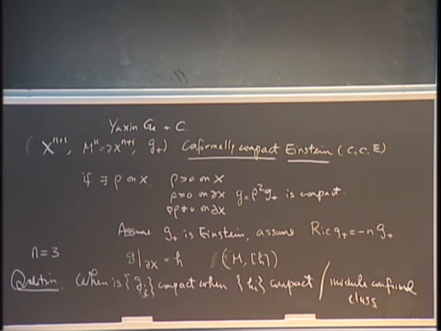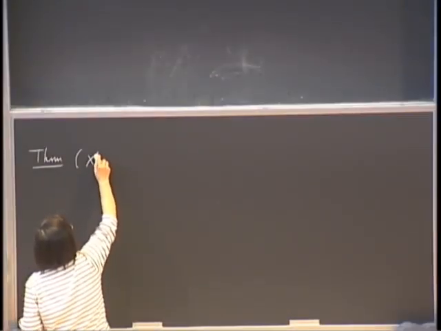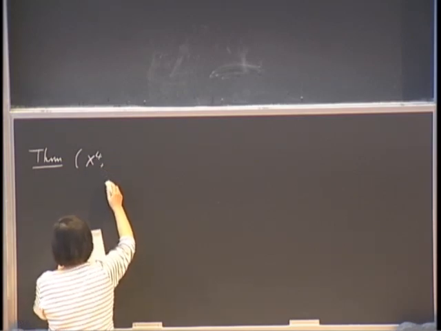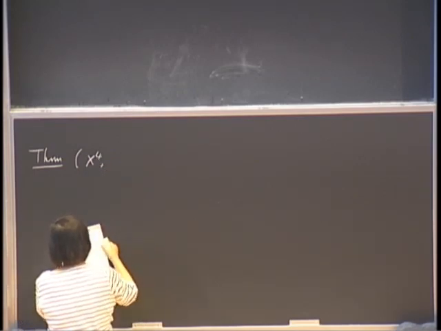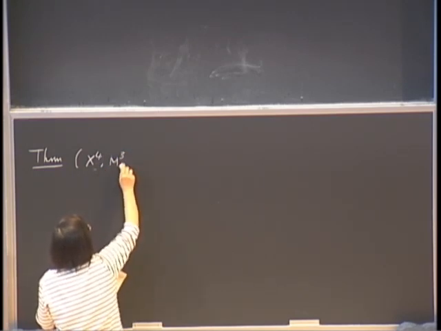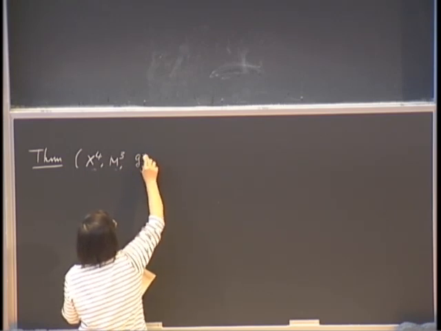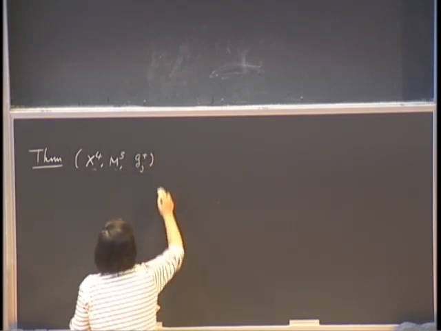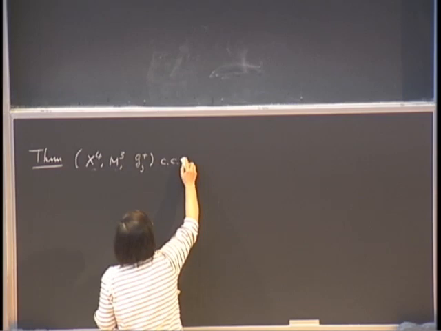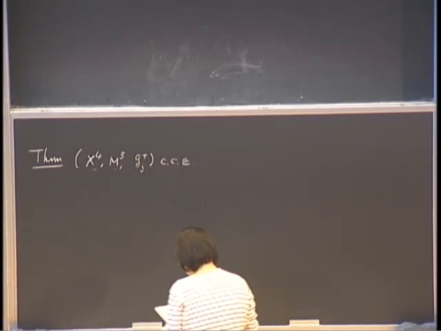Okay. So I start with a sequence of X^4, and then there is this metric on M^3. This is the conformal infinity of the sequence of metrics. So this is a sequence of CCE metrics. Okay.